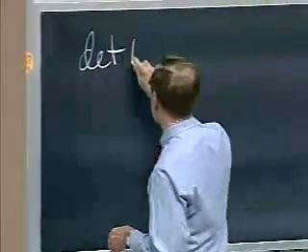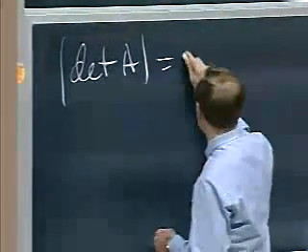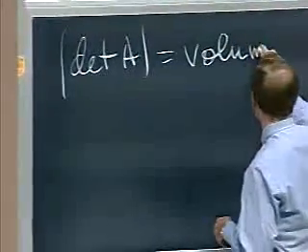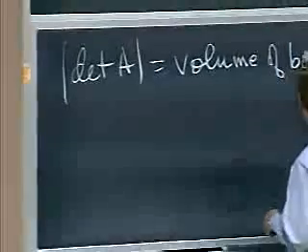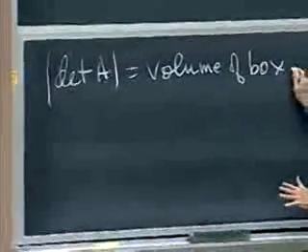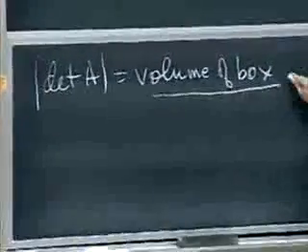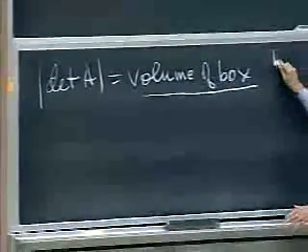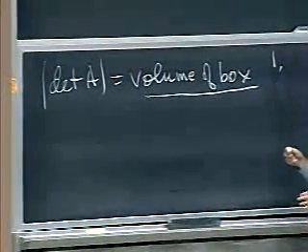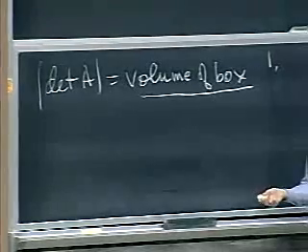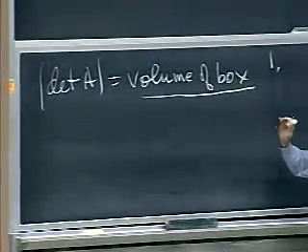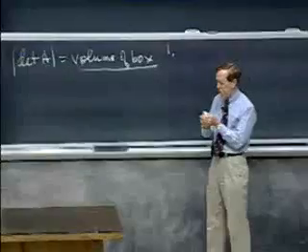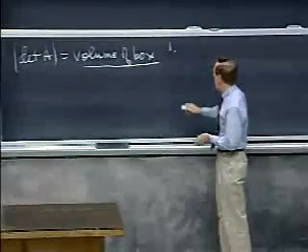So the determinant of A equals the volume of the box. And where am I right now? This volume has property 1, no problem. If the box is the unit cube, its volume is 1.